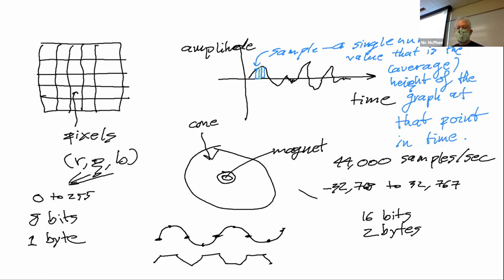But yeah, we're cranking out an enormous number of samples per second. If you've got your phone and your headphones in and you're listening to music, your phone is driving the diaphragm in your headphones at a very high rate to give you a good quality sound experience.